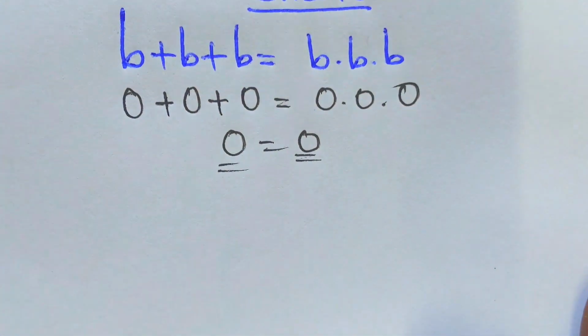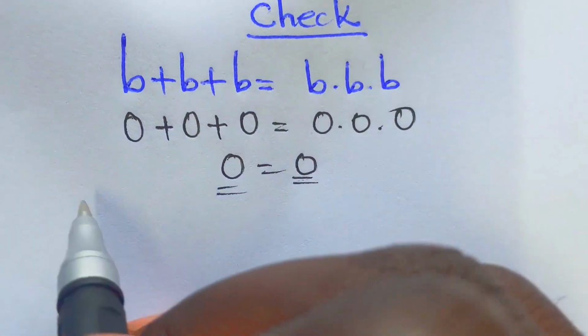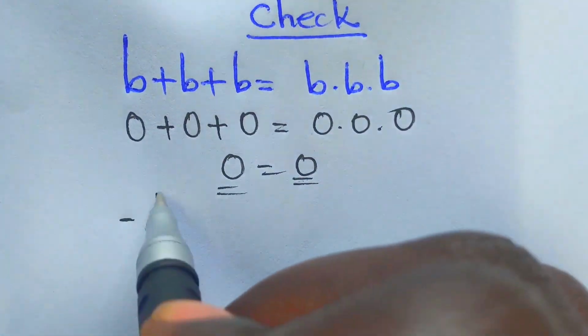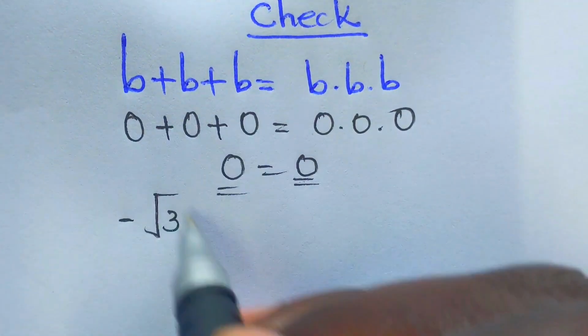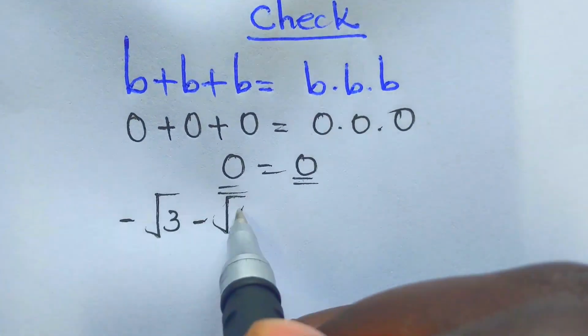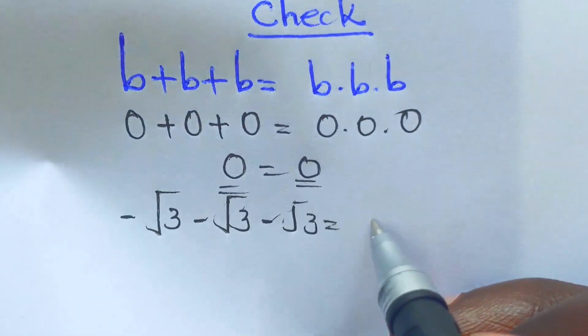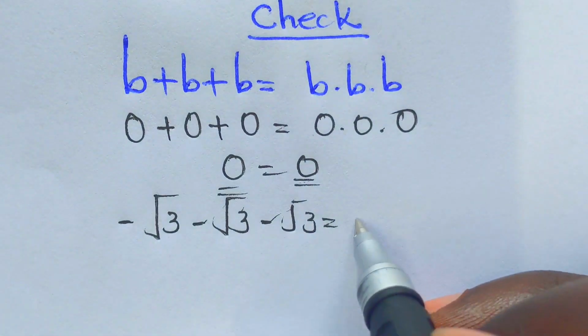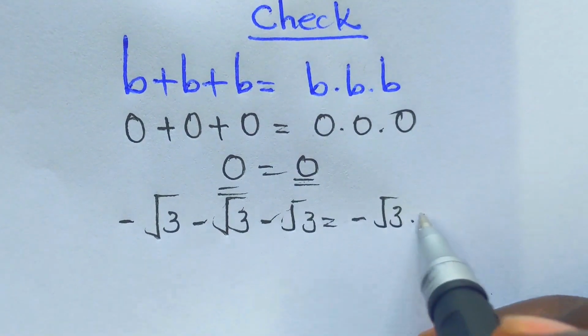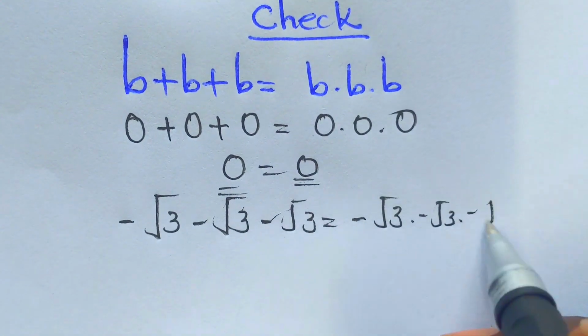Then we come to negative square root of 3. Here we have negative square root of 3 plus negative square root of 3 plus negative square root of 3 equals negative square root of 3 times negative square root of 3 times negative square root of 3.